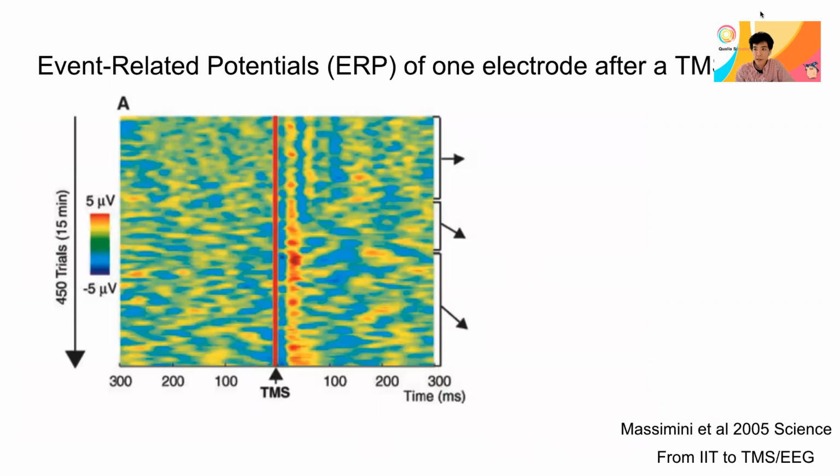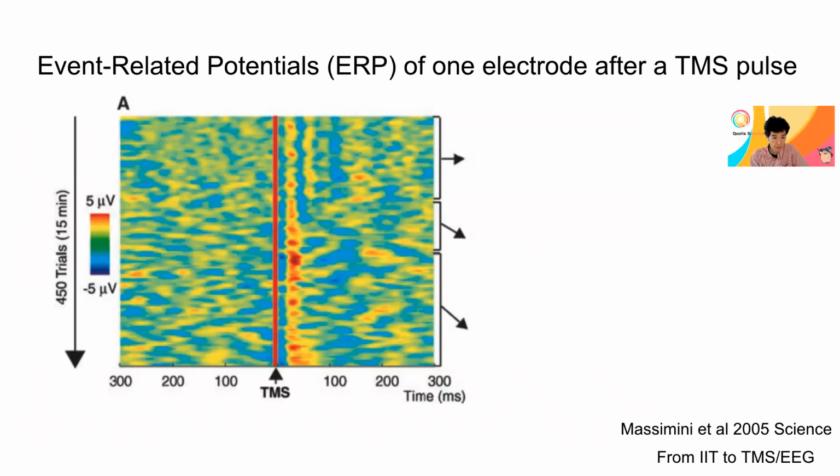And here is the EEG response of one particular electrode. This is called event-related potentials because the event is now defined as a TMS. These are 100, 200 to 300 milliseconds before the TMS pulse, and the right side is after the TMS pulse.